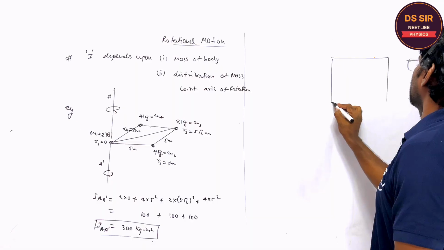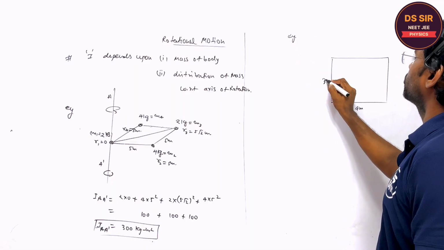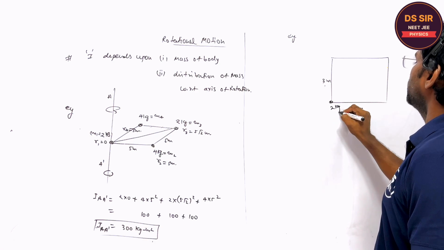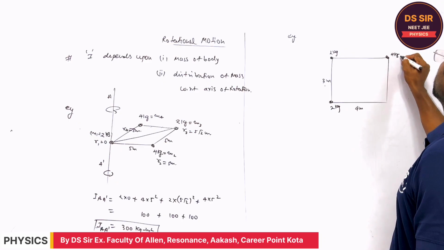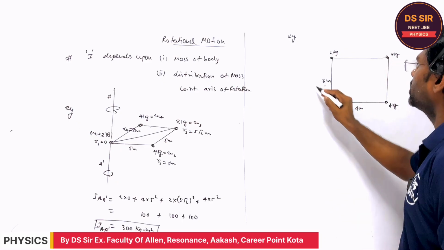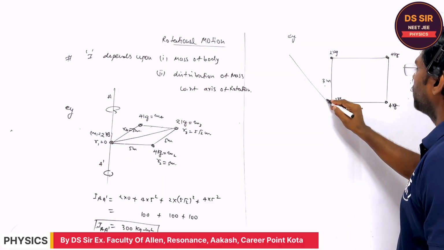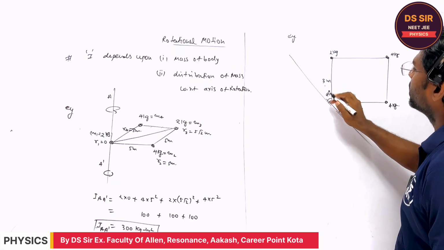Suppose this is the 4 meter, this is the 3 meter, right? And the body is 2 kg over here. This is the 2 kg, this is the 4 kg, and this is also the 4 kg, right? And the axis of rotation is passing through the plane, and this angle is 45 degree.